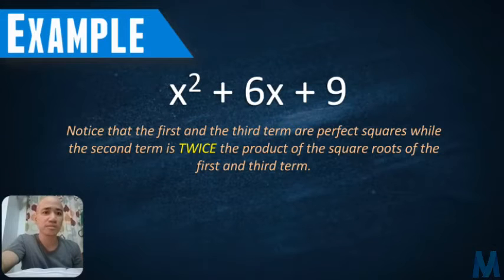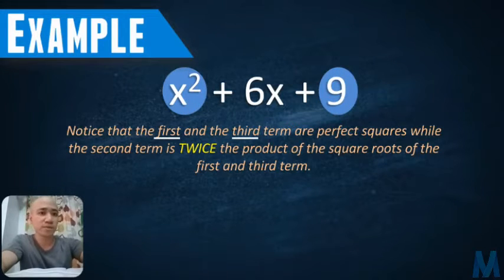Ang second term, 6x, is the result kung i-multiply natin ang square roots ng x squared kag 9. Ilang square roots ng x squared gani? X, okay? Ang square root of 9, 3. So if you multiply 3 times x, the result is 3x. Then you multiply it by 2. The result is 6x. Very good.